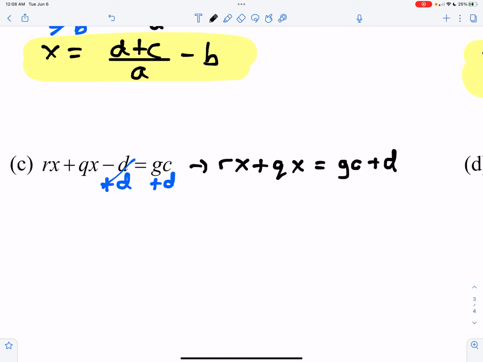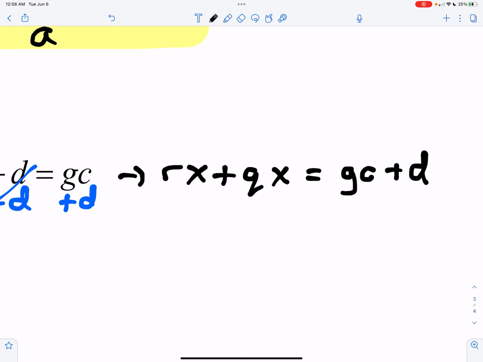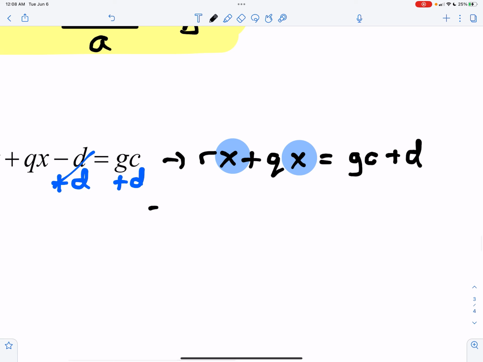Okay. Now at this time, if you look, x is my common term. So x is my common factor right here. Well, what I'm going to do is pull that common factor outside. Parentheses. Now what's left over? R plus Q. R plus Q is what's left over.